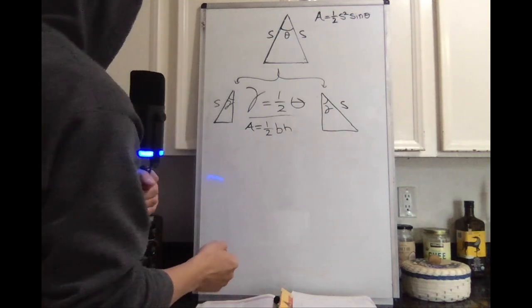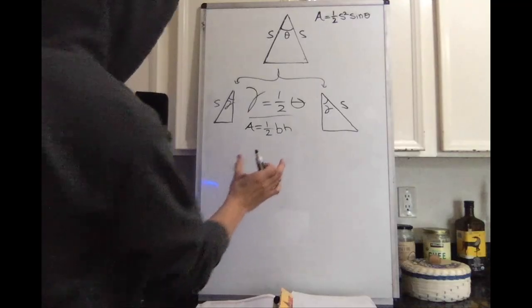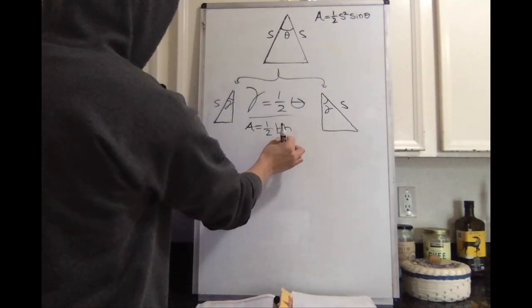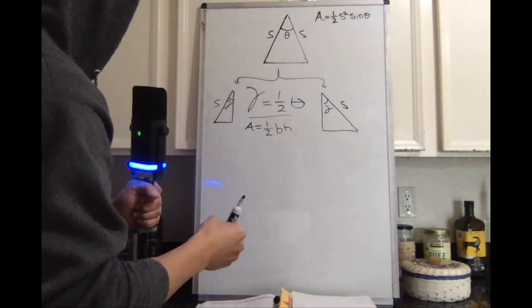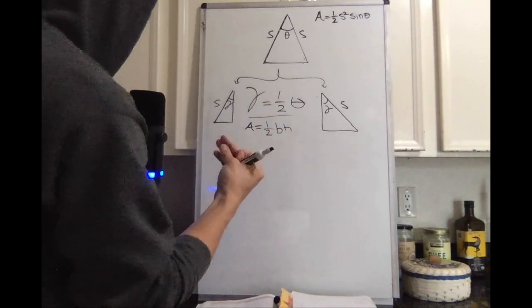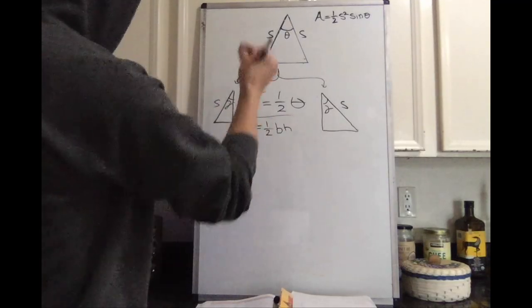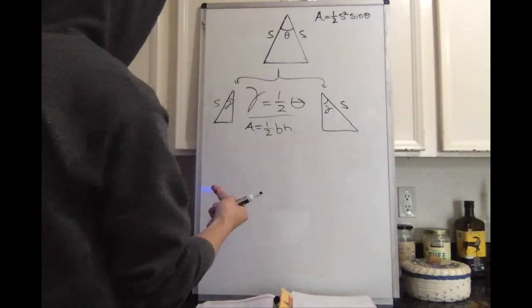What we're supposed to do is rewrite base and height in terms of trig, like a product between the side s and a trig function.